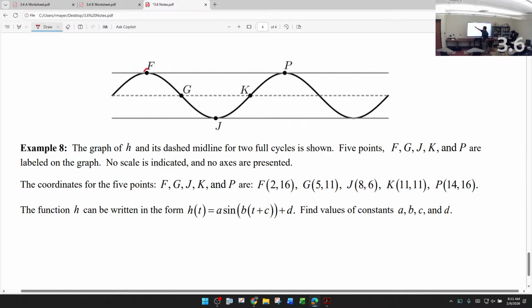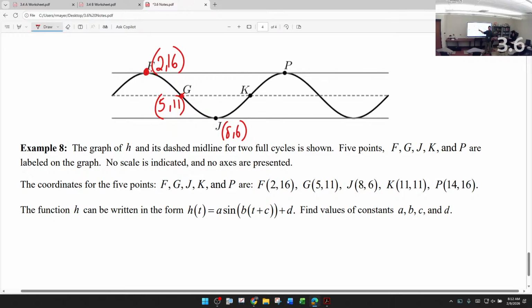F is 2, 16. G is 5, 11. They shouldn't give me the rest of these points, because if you know that we're going in common intervals, if this is 2, 16 and this is 5, 11, this has to be, Penelope, I mean, we already know what it is, but what does it have to be? 8, 6.